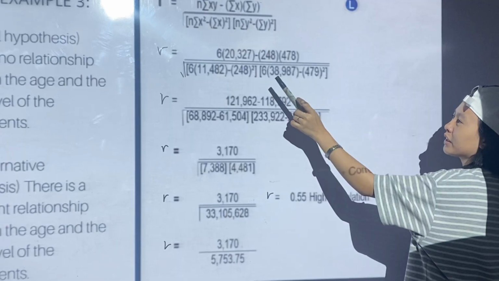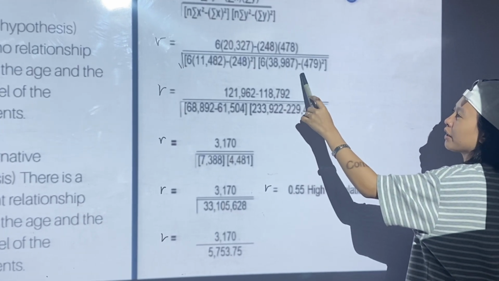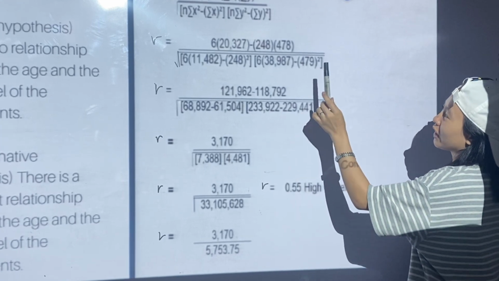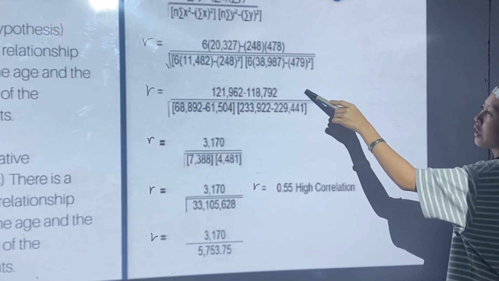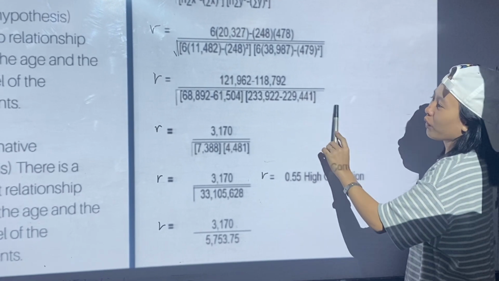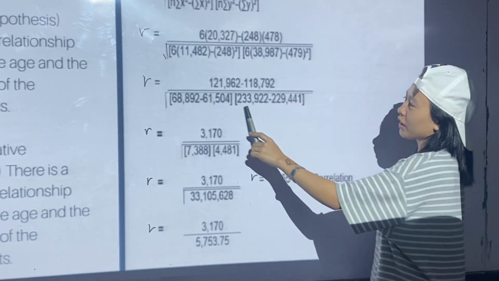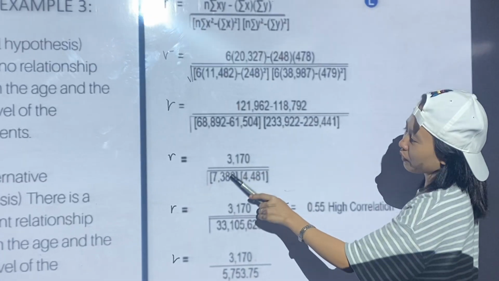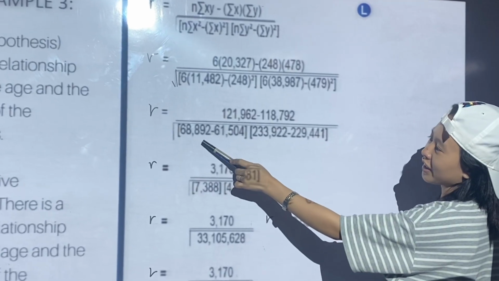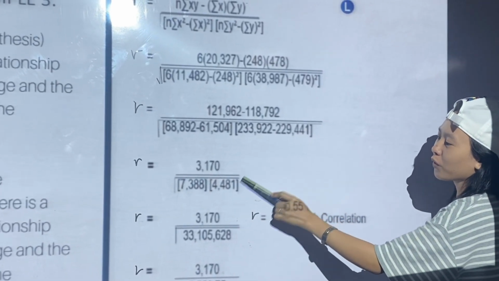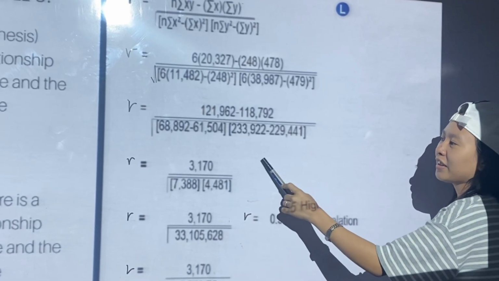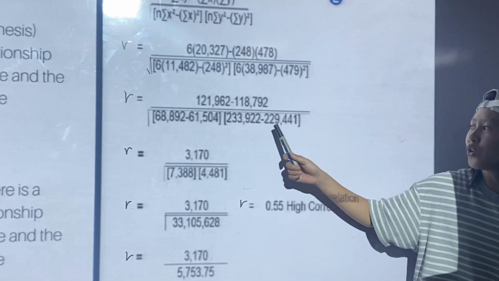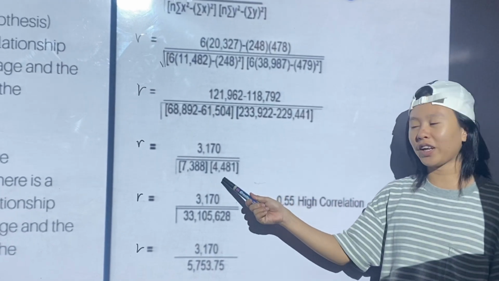And multiply the 6 and 38987, that is 233,922. Then square the 479, that is 229,441. Then subtract this: we will have 3170 only, and 68892 minus 61504 is 7338. And subtract the 233922 and 229441, that is 4481.